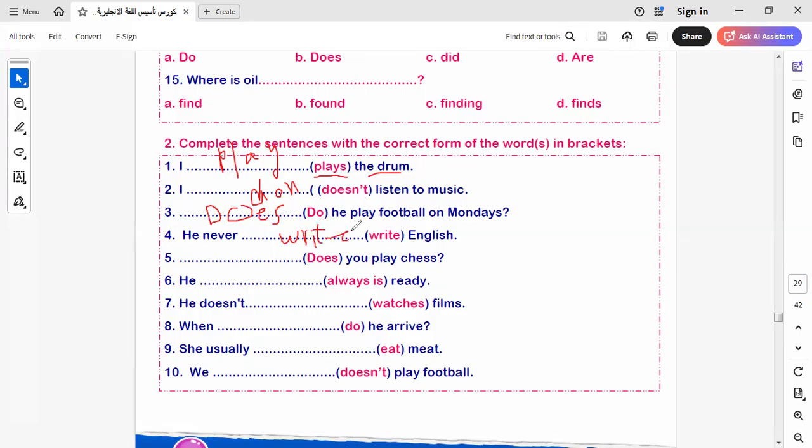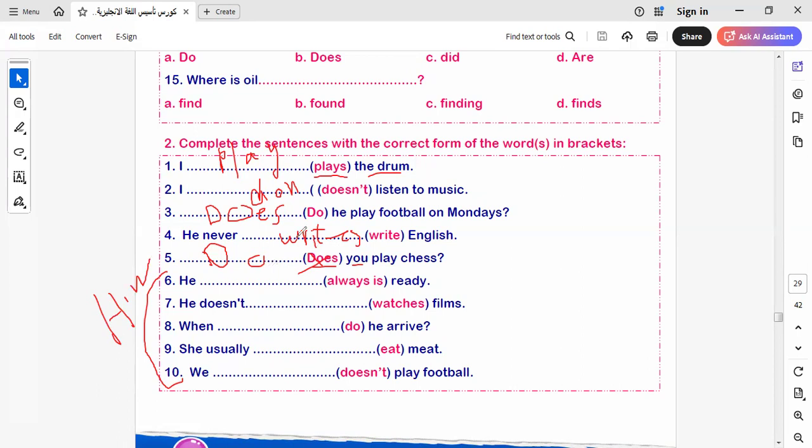Let's continue the rest of the exercise. Here we have does, and I have the pronoun you. So I omit does and place do instead. Do you play chess? The rest of the sentences will be homework.